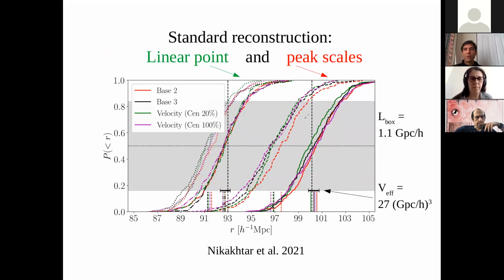Okay. And so what Farnick did, I will skip this, and I will just show the final slide, where Farnick made a bunch of measurements of 4 different HOD models, 4 different galaxy models in boxes that are each a gigaparsec in size. So for each box, he measured what is the scale of the peak and what is the scale of the linear point.